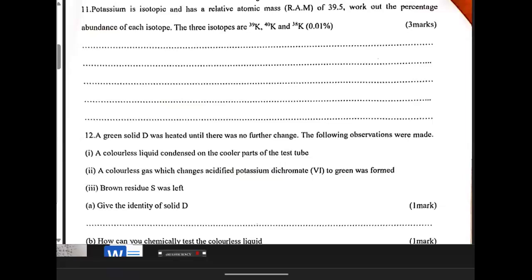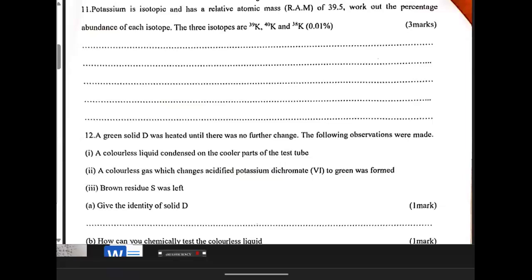Then a brown residue S was left. Then next, give the identity of the solid. A colorless gas which changes acidified potassium dichromate 6 to green was formed.